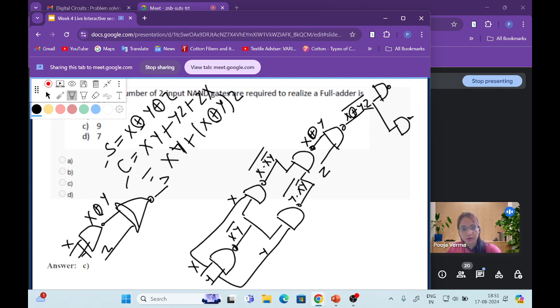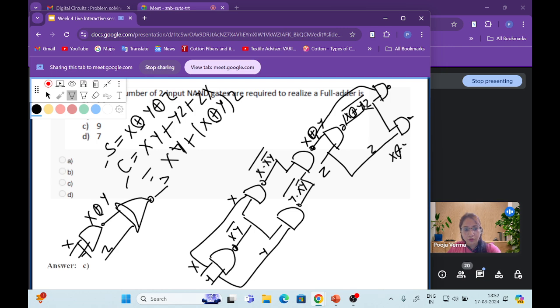Here, this input is going x XOR y into z, but to one of the inputs of these two, and the other z is going to this, and x XOR y will go to this, right? So here you will get x XOR y.